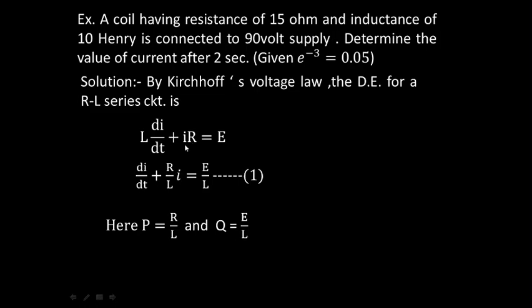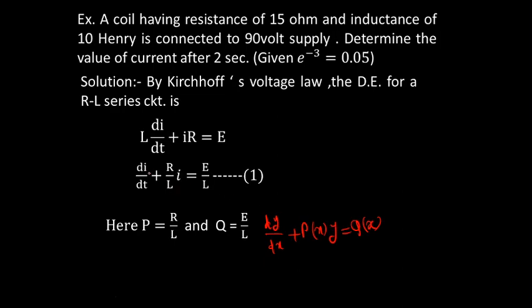Voltage drop across the resistance is IR, whereas voltage drop across the inductance is L di by dt. Add them and equate to the applied voltage. Simplify it, so divide by L, right? This is a linear differential equation in I. The standard form of a linear differential equation is dy by dx plus p of x into y equal to q of x, where y is the dependent variable.